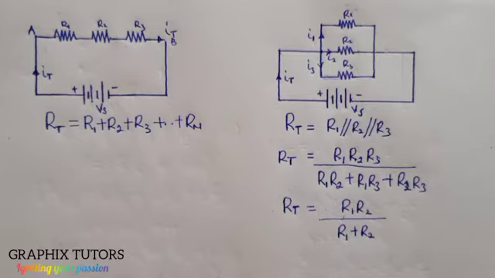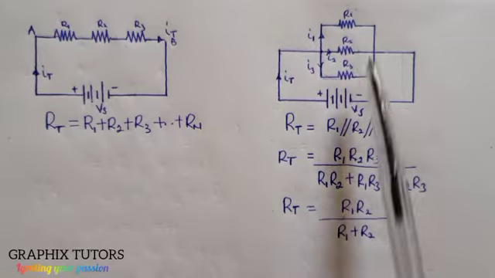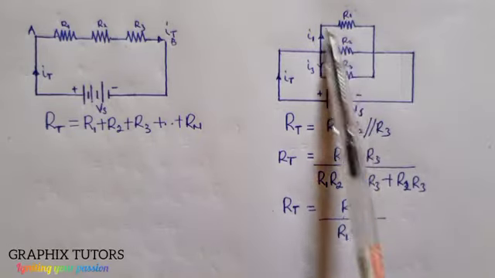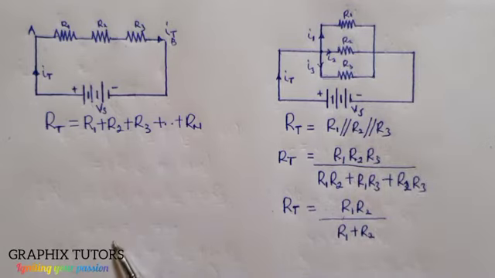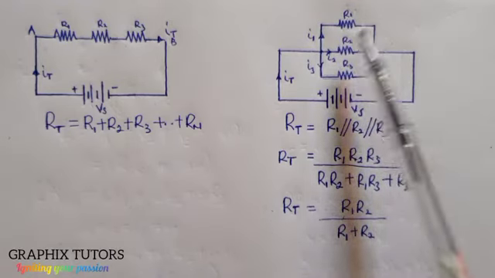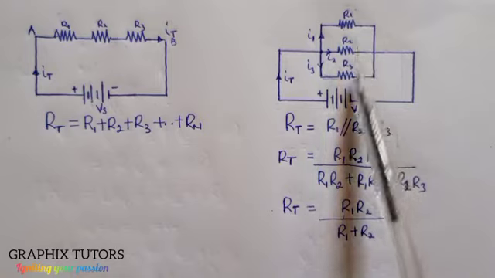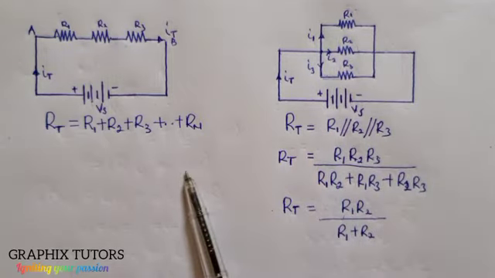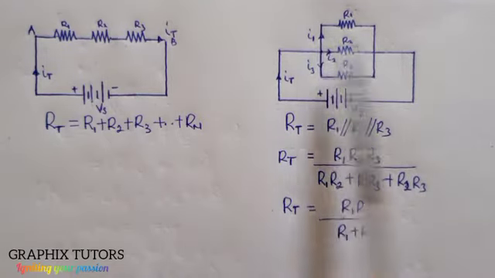Now there's one advantage of a parallel connection. Let's assume this resistor here is bad. It doesn't stop current from flowing through each of the remaining two resistors because they have their own node.